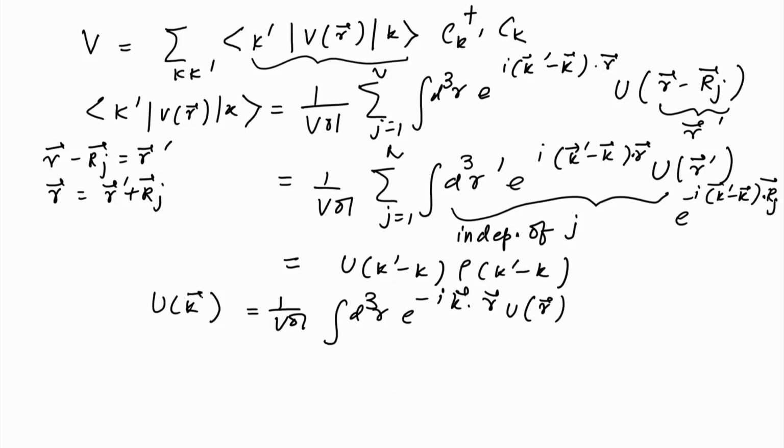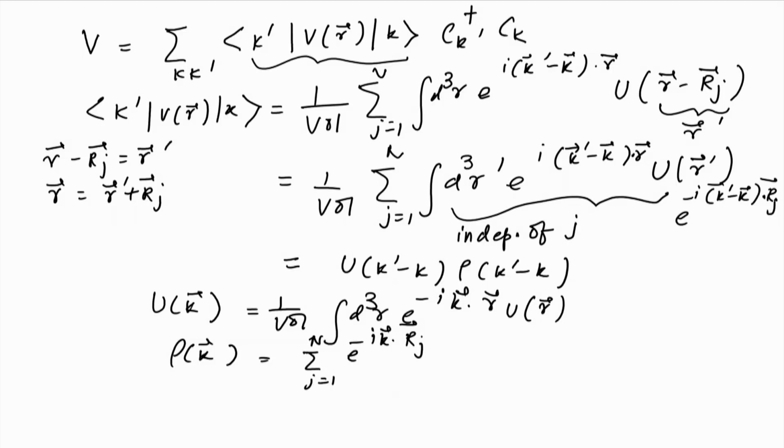So, this is the Fourier transform of this impurity potential, and rho of k is simply equal to a sum over j equal to 1 to n of exponential minus i k dot r_j, which gives the concentration or the density of the impurities.